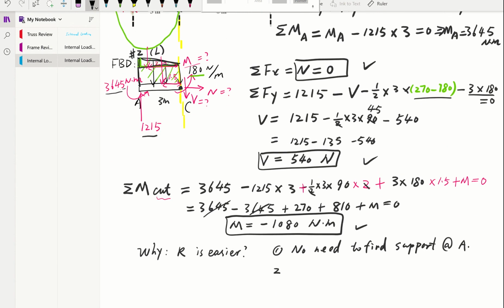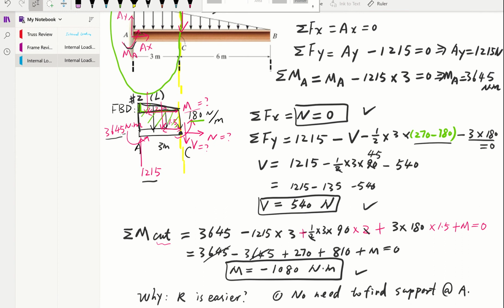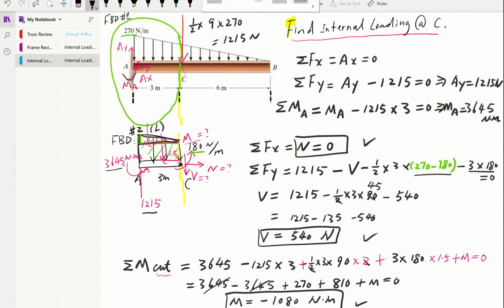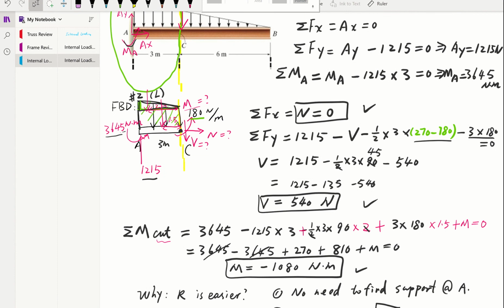The second reason is that the distributed load is just a triangle, versus what we have in the left section, a trapezoid shape, which you have to decompose into two shapes, a triangle and a rectangle. That is another added step. However, I do want to show you that either section will give you the correct answer.